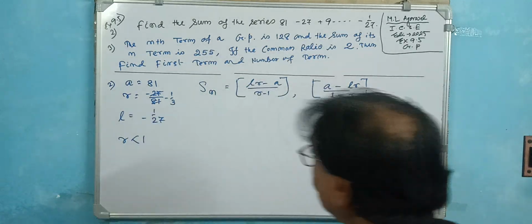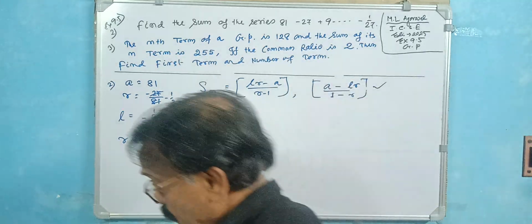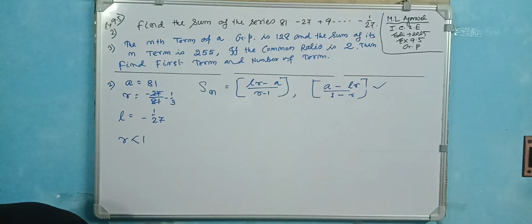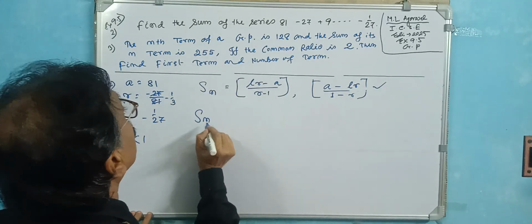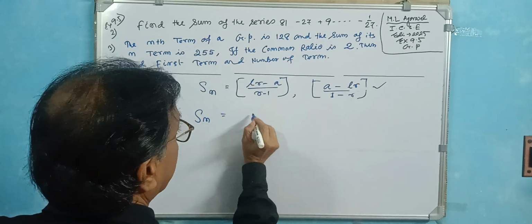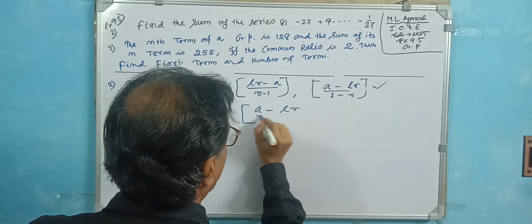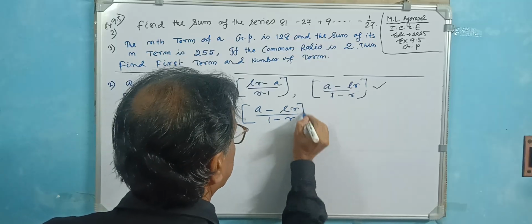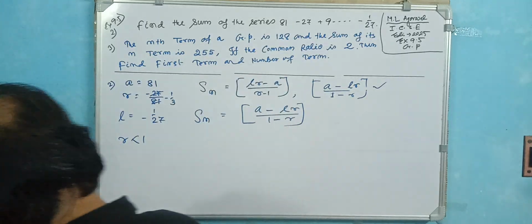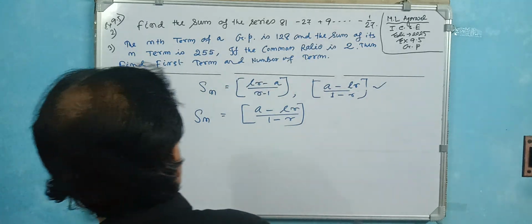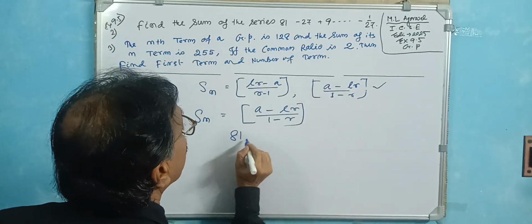Now, r is minus 1 by 3, which is less than 1, so use this formula: the sum is (a minus lr) by (1 minus r). The first term is 81 minus l.